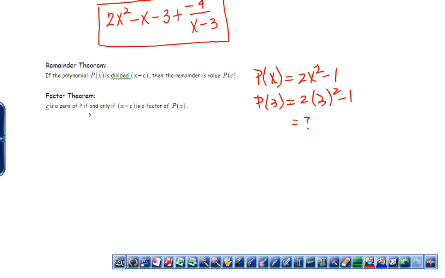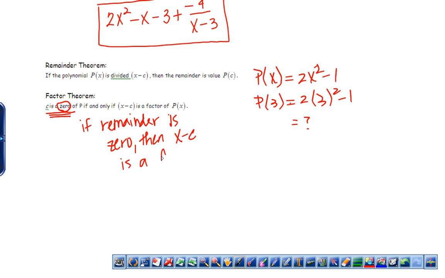The difference between the factor theorem is I want to know if your remainder is 0. Okay? So if the remainder, and you can use this same process, if the remainder is 0, then your x minus c is a factor.